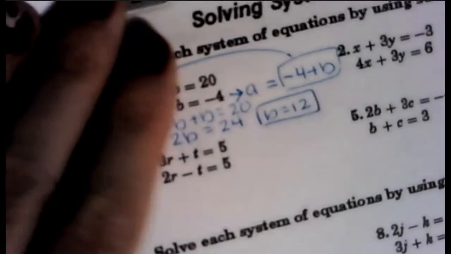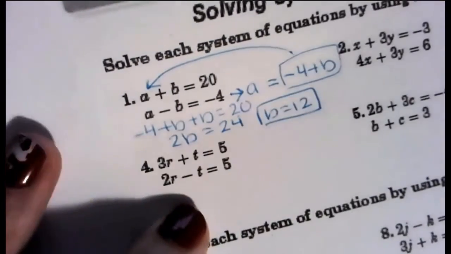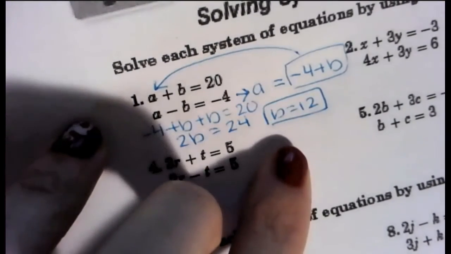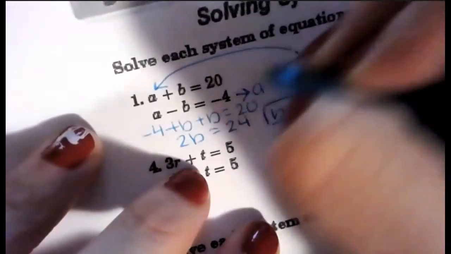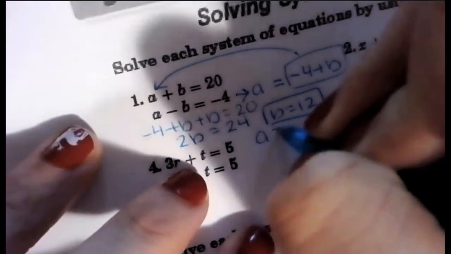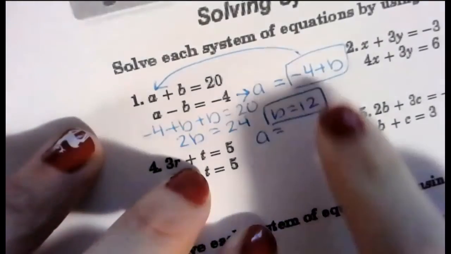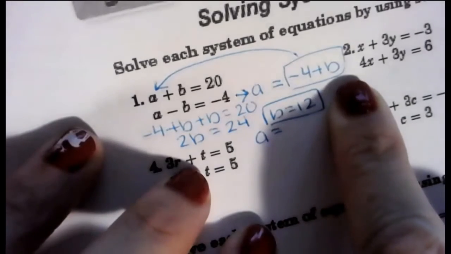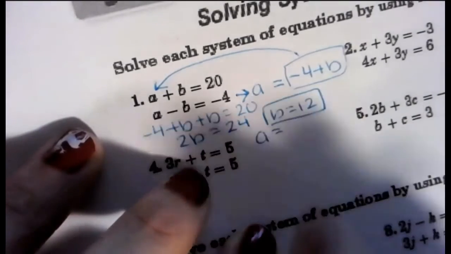You need a ton more space. But solving just for b isn't enough. We need to go back and plug b in to solve for a. So you get -4 plus 12, which is 8.